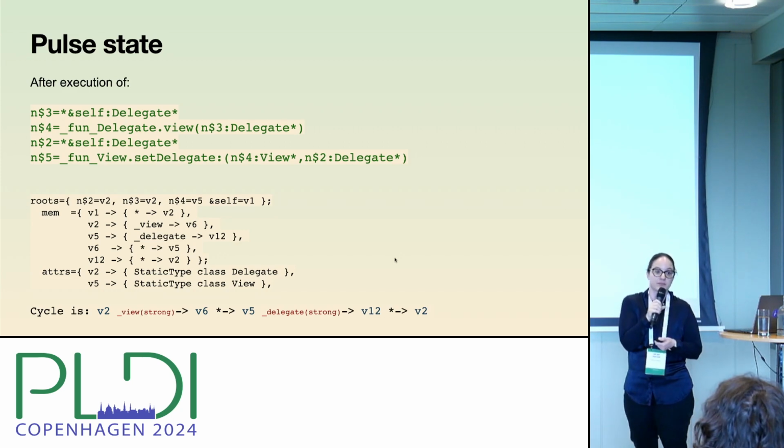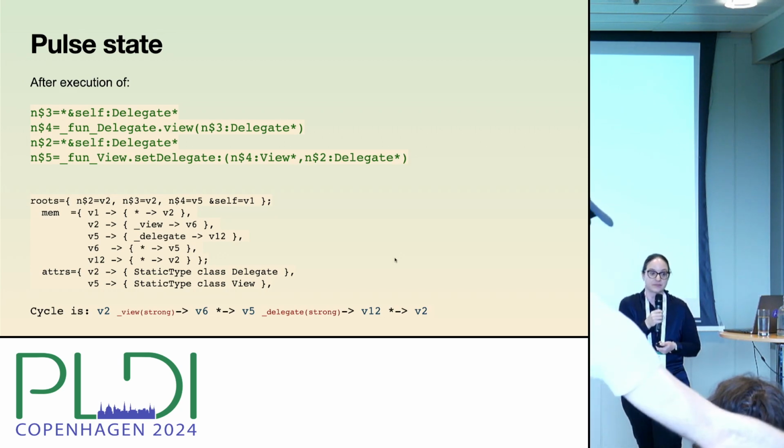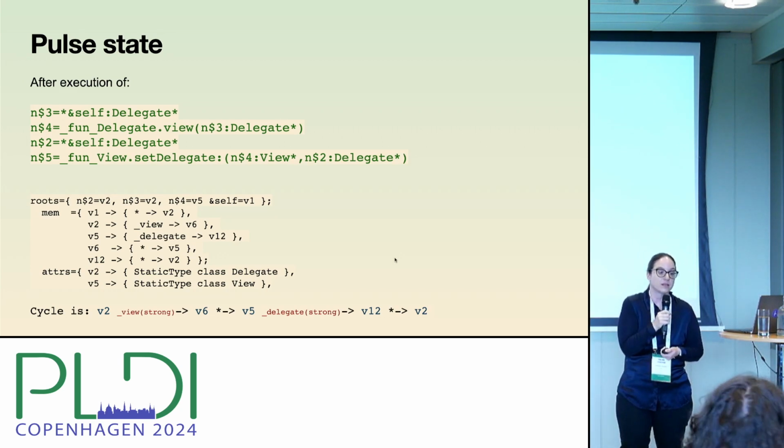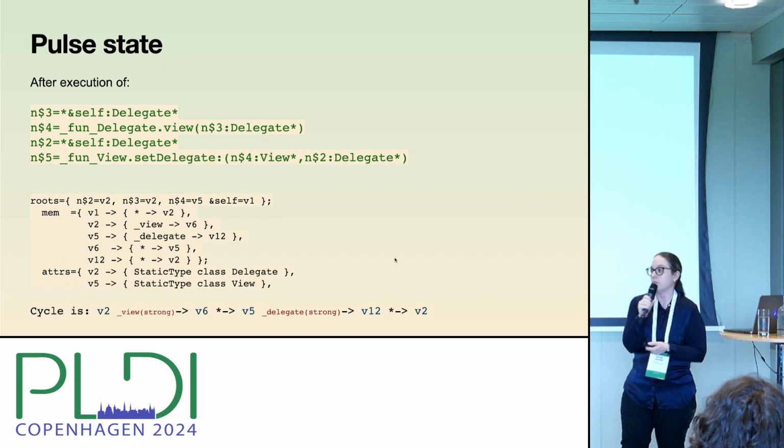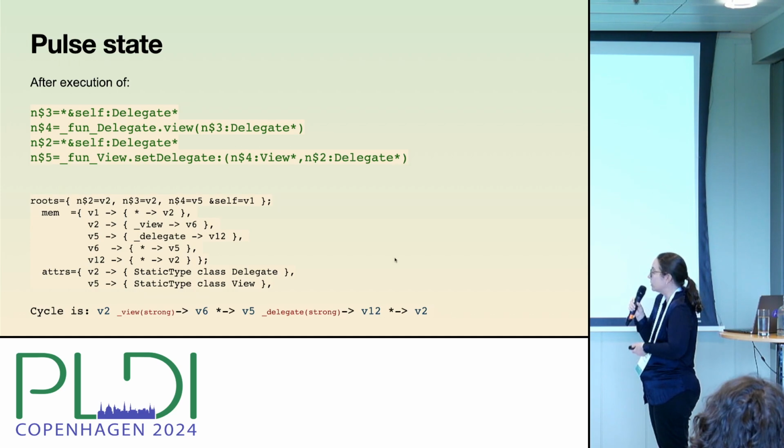Yes. You mentioned that these two references have to be strong. What if the cycle is longer than just these two? What happens with the rest? Yeah, I guess everything needs to be strong, but generally, yeah, the pointers need to be strong as well.